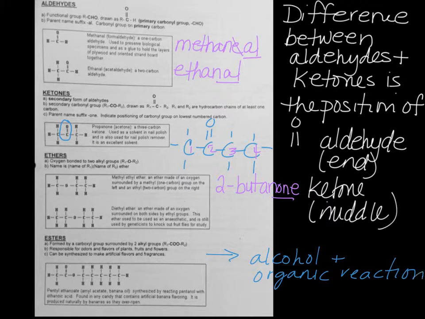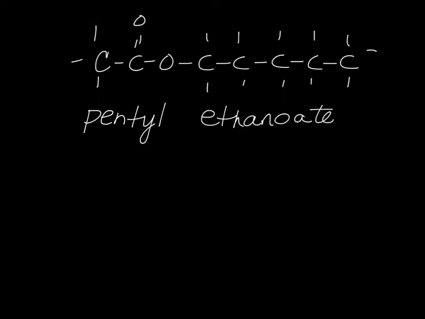And we're going to actually learn about this specific reaction in the second half of the unit that makes this compound. And I'm going to add a slide, and I'm going to talk about this on the next page because it'll be easier for me to draw it out. Okay, so the example that they gave you in your notes was pentyl ethanoate. And I'm going to show you how to dissect this.